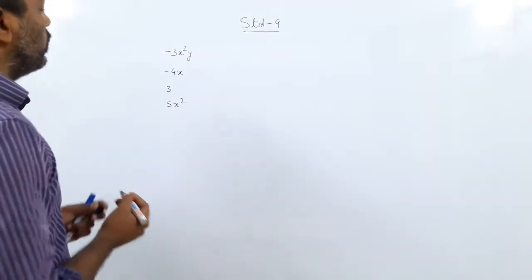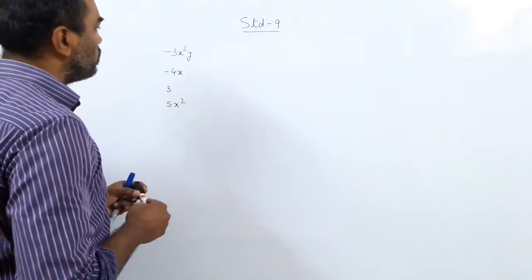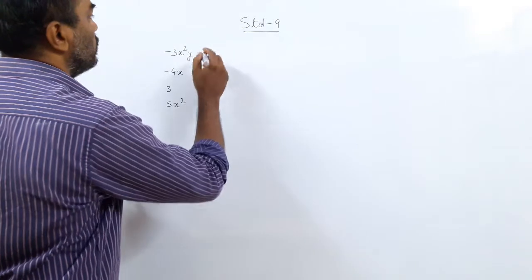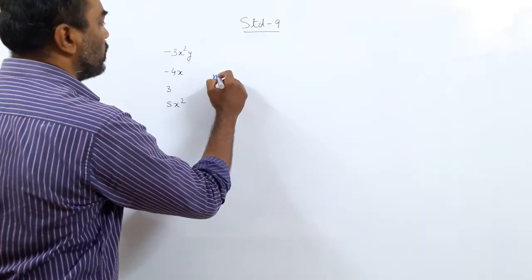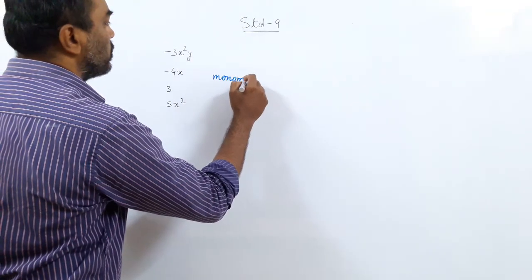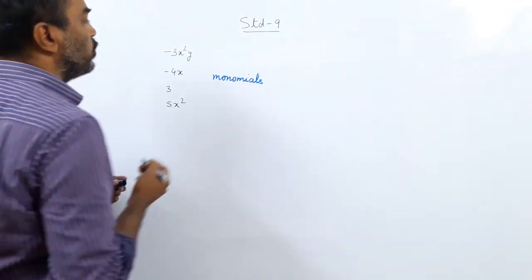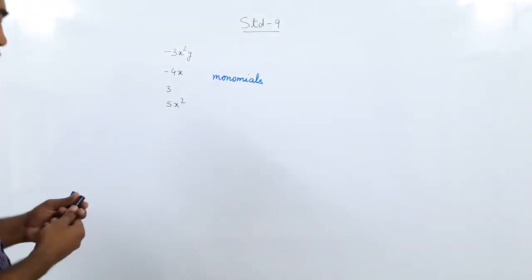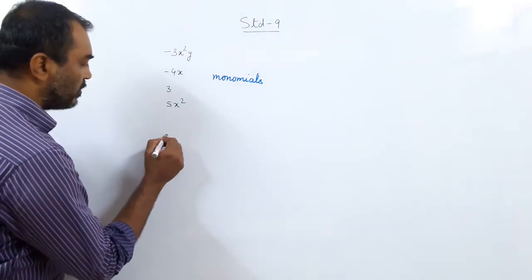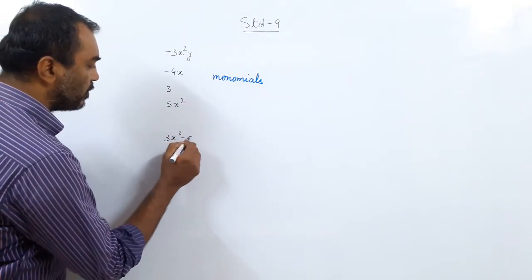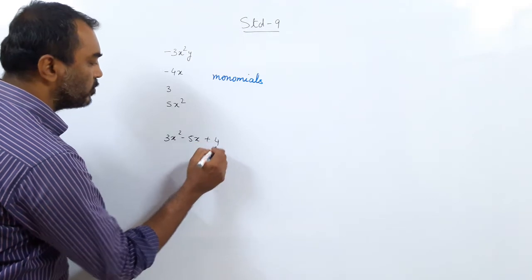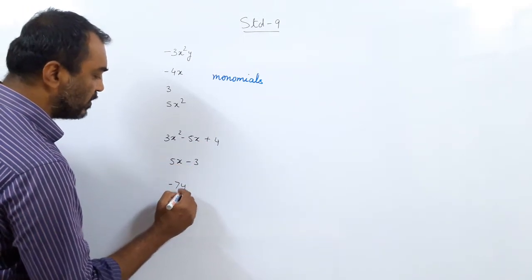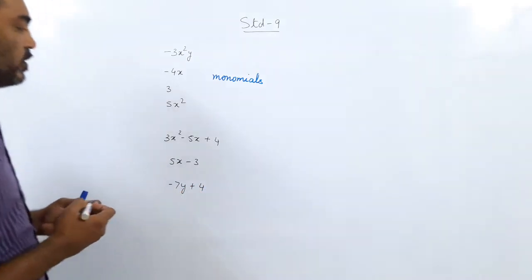Yes, what you can see here, these all four are, what are these? These are monomials. Why are these monomials? Made of only a single term, right? Then we'll write say 3x square minus 5x plus 4, 5x minus 3, minus 7y plus 4.